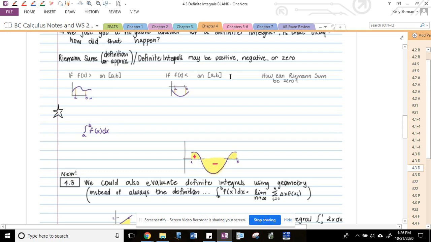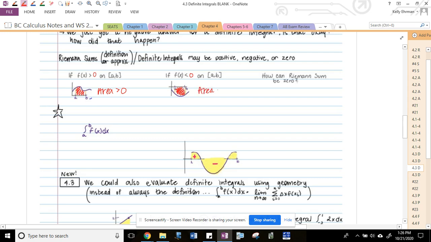So Riemann sums, whether you're talking about the definition, the exact sum, or the approximation, and definite integrals can be positive, negative. They could be 0. If f of x is greater than 0 on [a, b], then that area that you're talking about is going to be positive, greater than 0. If the entire function is less than 0 on that interval, then that area that's below the x-axis is negative.